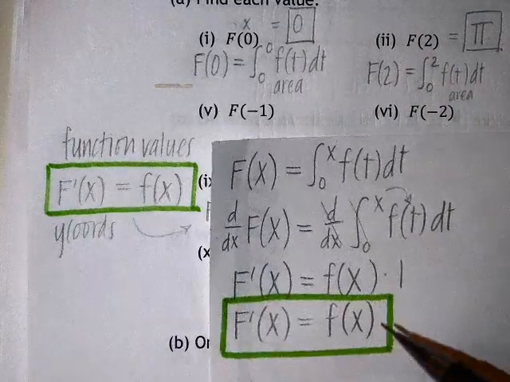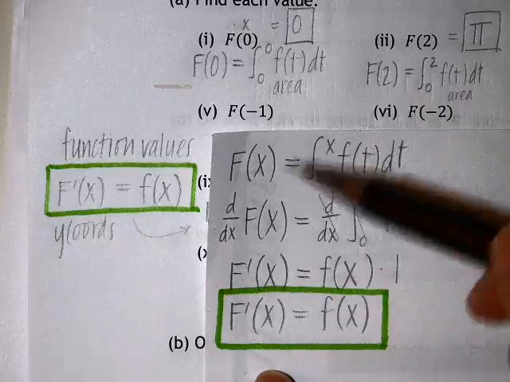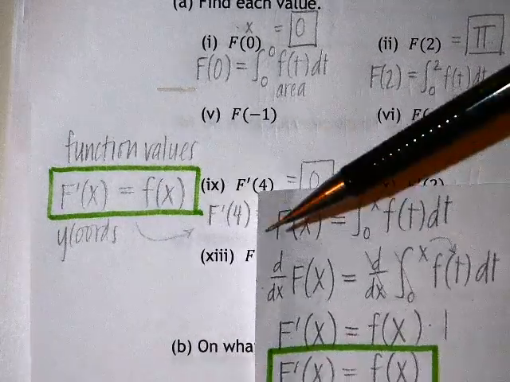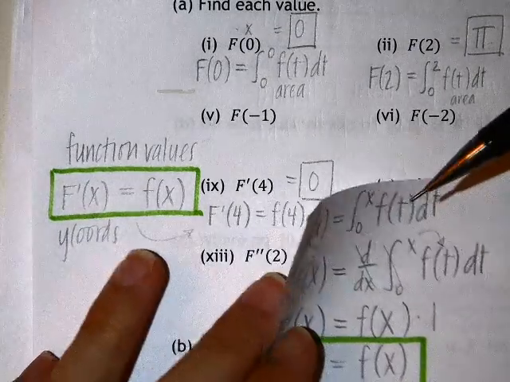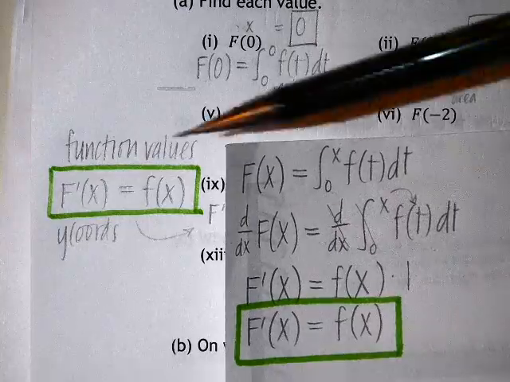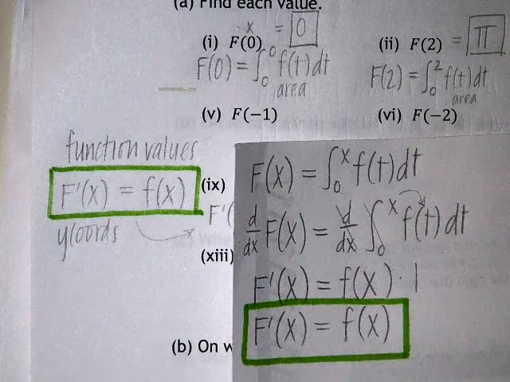Now, once you know where the key fact came from, and this is the derivation over here on my scratch work, you don't have to keep doing it every time. You don't have to keep finding big F of x and taking the derivative and canceling the integral and plugging in the dummy variable. Once that fact is established, you can just roll with it.